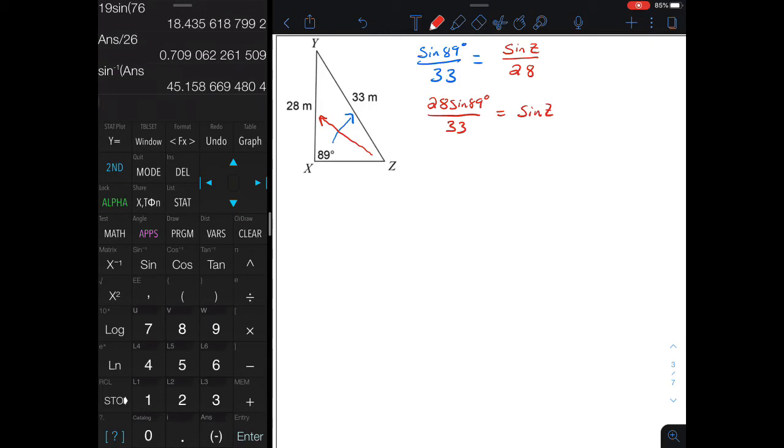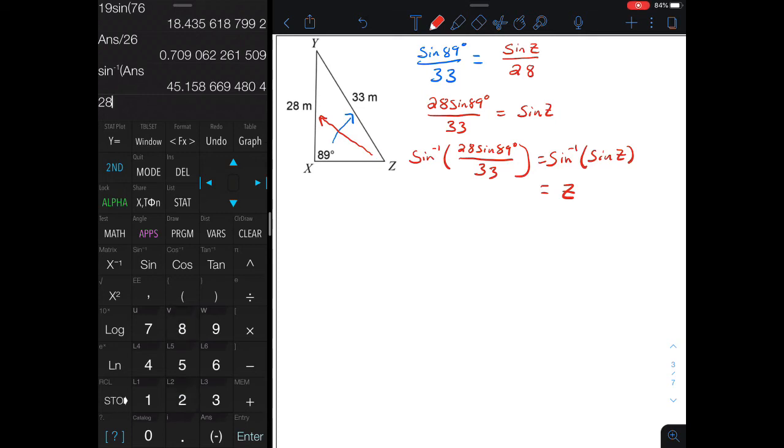And then to get my answer for Z, I would have to apply inverse sine to both sides, which would allow me to figure out what Z is.